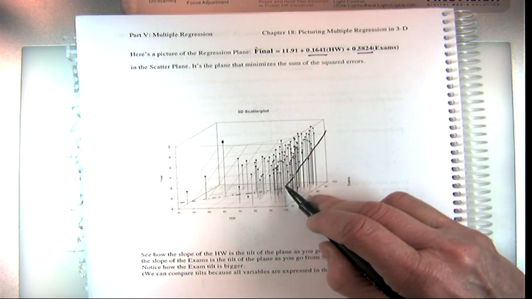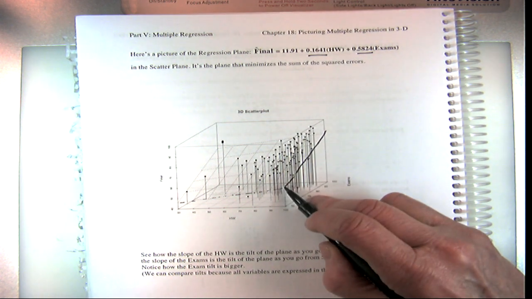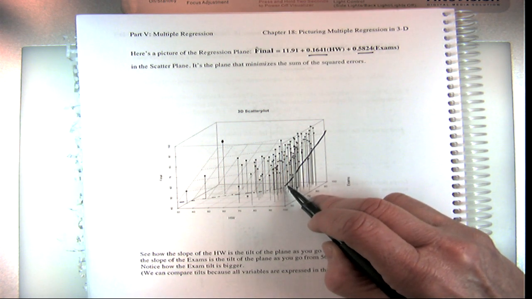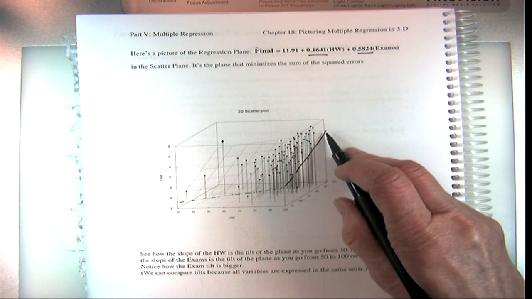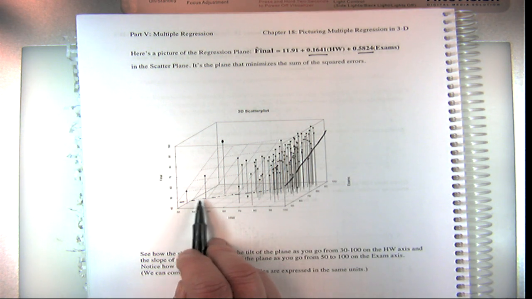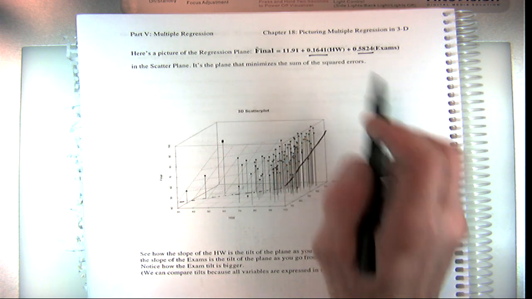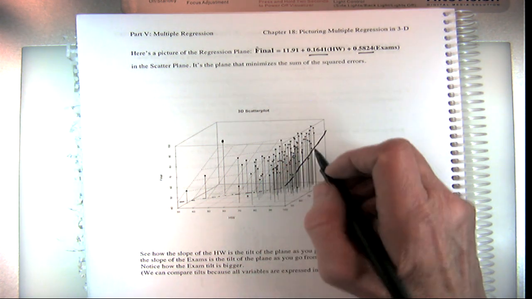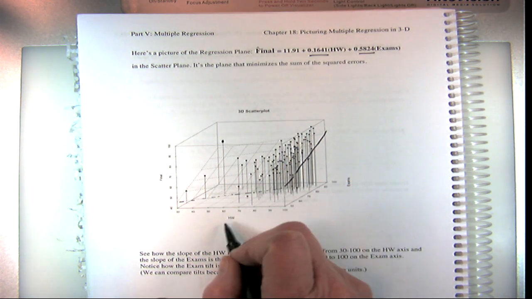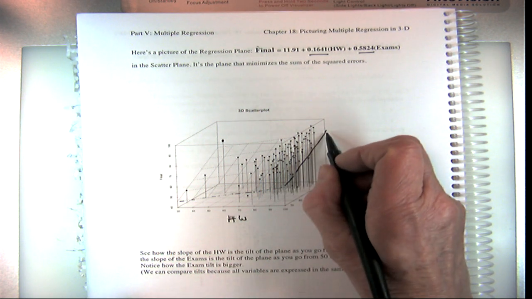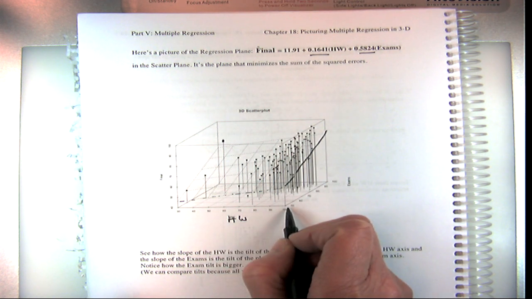This is the tilt going this direction. This is the effect of exams, and this smaller tilt is the effect of homework. You look down here, this is homework, so this is the homework going this way.